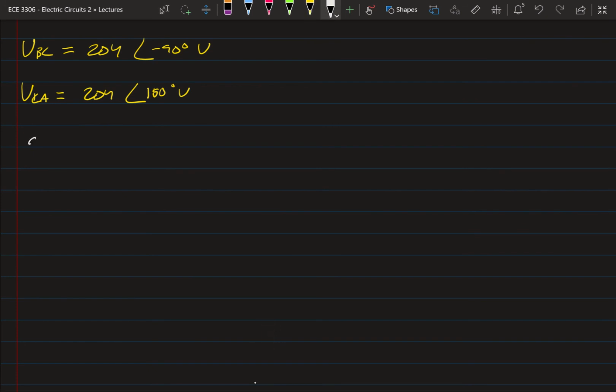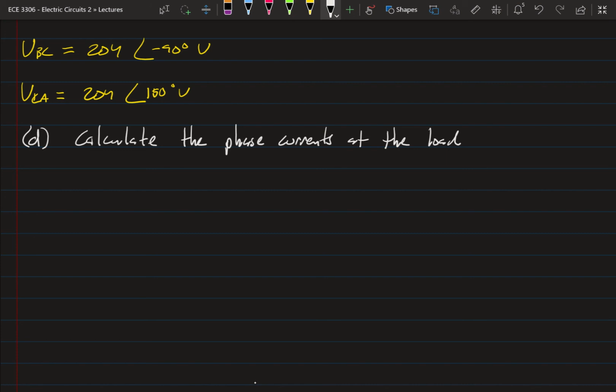Part D, the last part we're going to do, wants us to calculate the phase currents at the load. That is our IAB, IBC, and ICA.